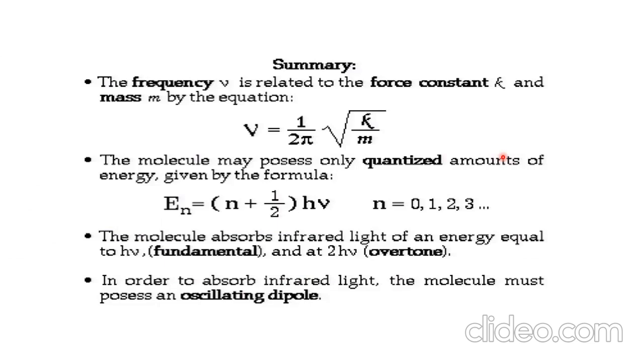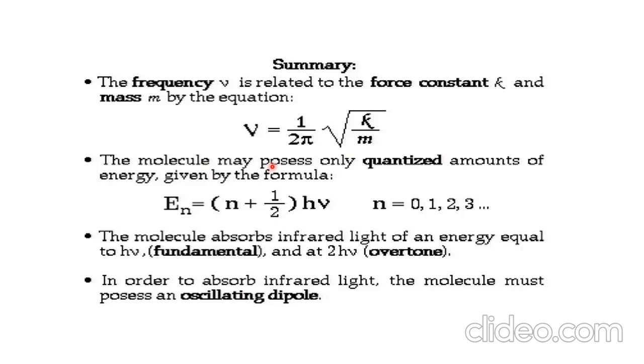To summarize, the frequency is related to the force constant and mass: nu is equal to 1 by 2 pi times the square root of k by m. If the molecules have different masses m1 and m2, we take the reduced mass, denoted by mu, which is m1 m2 divided by m1 plus m2.